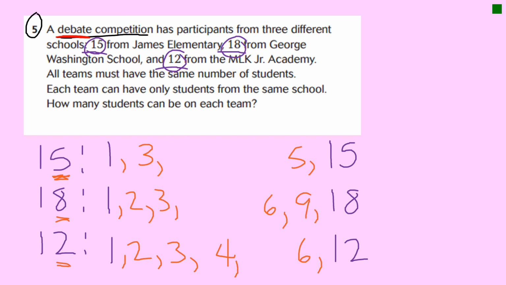Okay? So now we're on 4. 4 is not a factor of 15, right? 4, 8, 12, 16, 20. Nope. And 4, oh, look, 4 is a factor of 12. All right, now we go to 5.